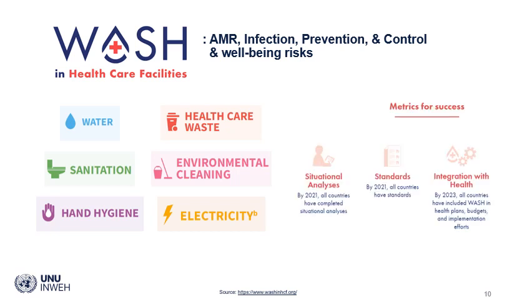Metrics for success include situational analysis, standards, and, importantly, integrating WASH in health planning, budgets, and implementation. Addressing this key gap in WASH and health service delivery is a key gap that can be addressed for impact.